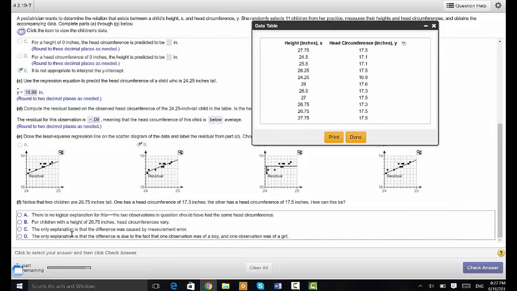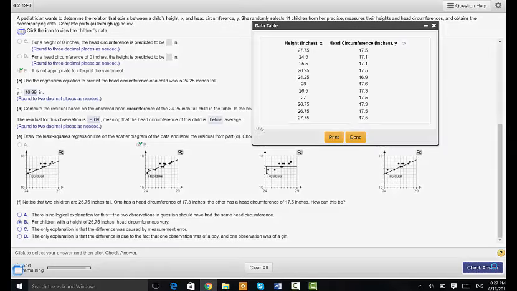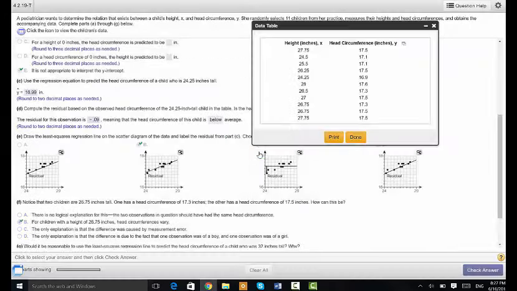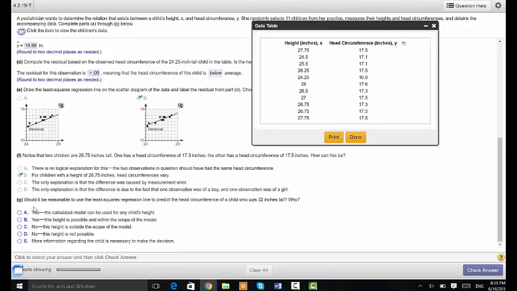So I should choose: for children with the height of 26.75 inches, head circumferences vary. I think that's the answer. Check answer. Okay, good.